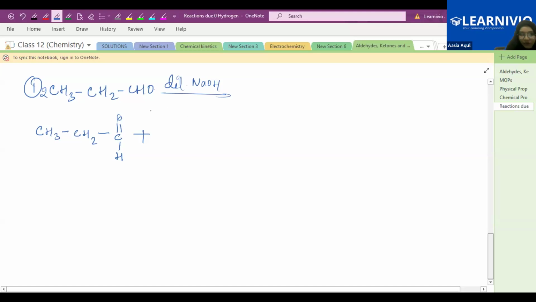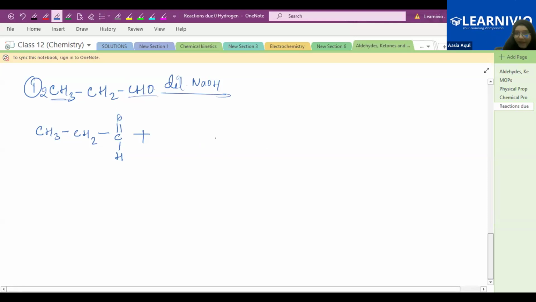Now the second mole, how will you write it? Just start writing from here, CHO. Basically you will write down the alpha carbon. This is your CHO group, and the CHO group is attached to this carbon, so this is your alpha carbon, and this is your beta carbon.